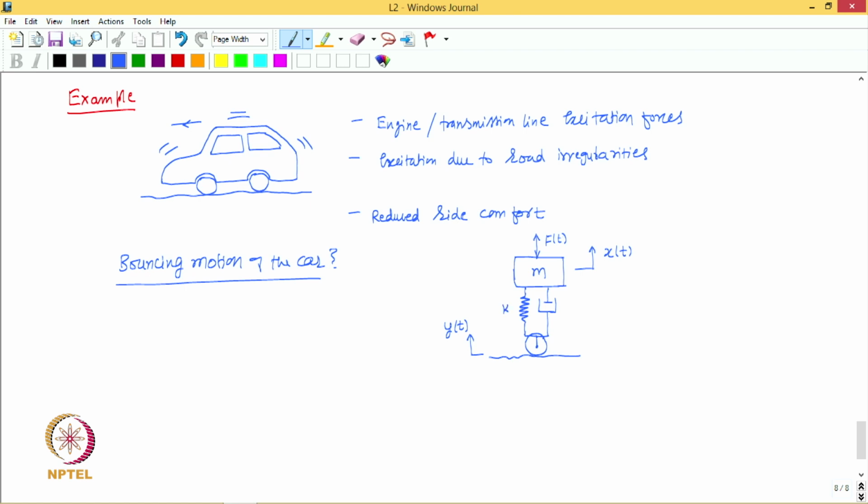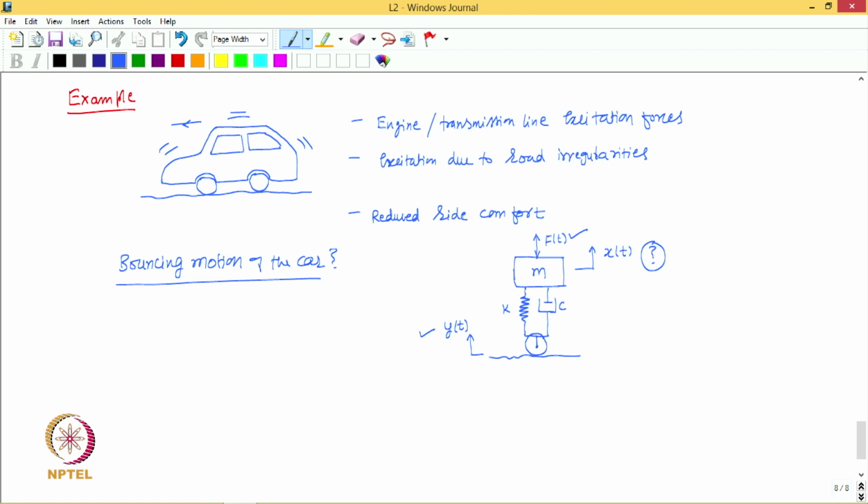So, this gives us a physical equivalent model of the car on the rough road, where we have represented the mass, stiffness and damping characteristics of the car. We can further analyze this model to determine x if y(t) and f(t) are given.